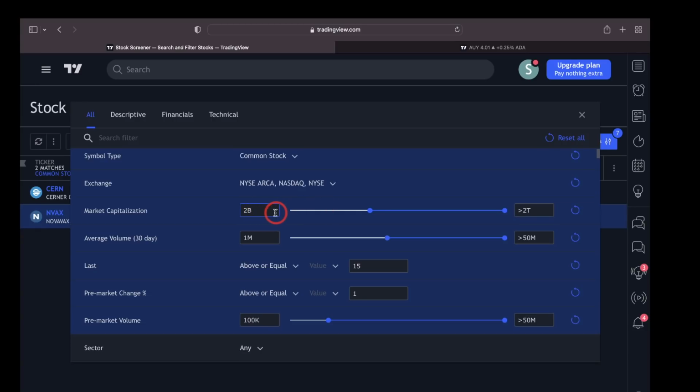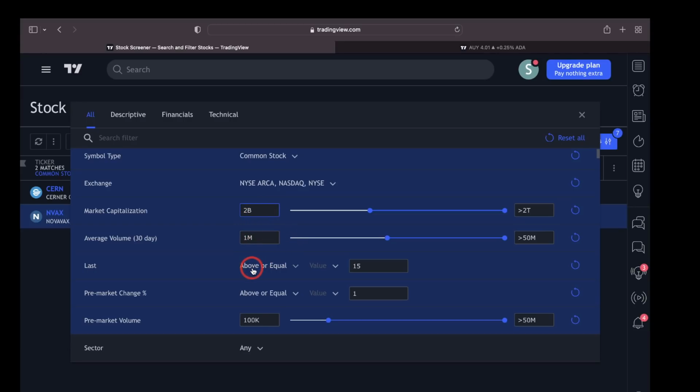And then average daily volume I'm looking for is 1 million plus, because I want to trade stocks which are liquid enough for options.